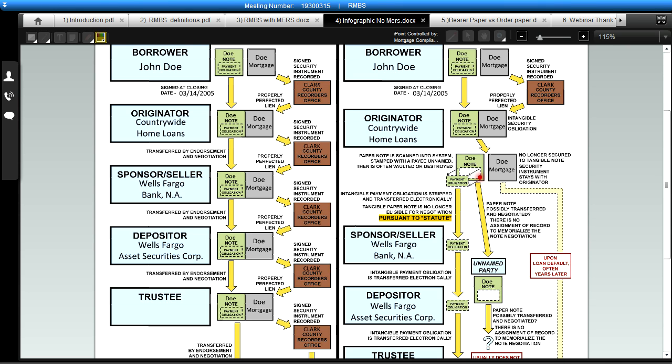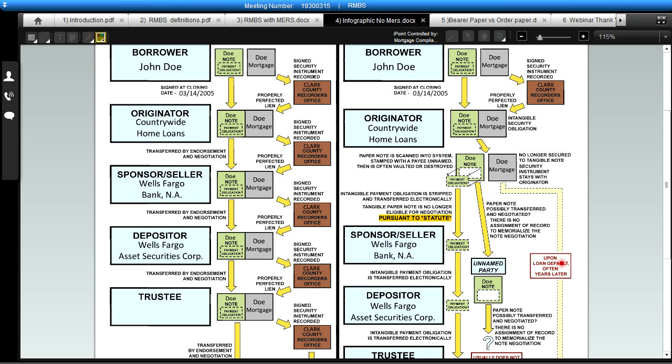And again, depending on the situation, I've probably created about 15 or 20 different scenarios for the different charts. In some instances, there is no sponsor or seller. The originator wears many hats. The originator could be the originator, the sponsor, and the seller. So it would go from the originator to the depositor.